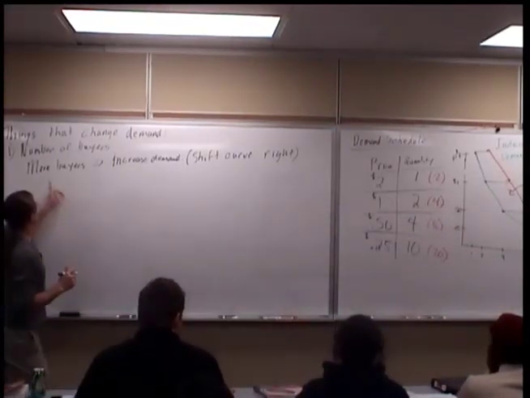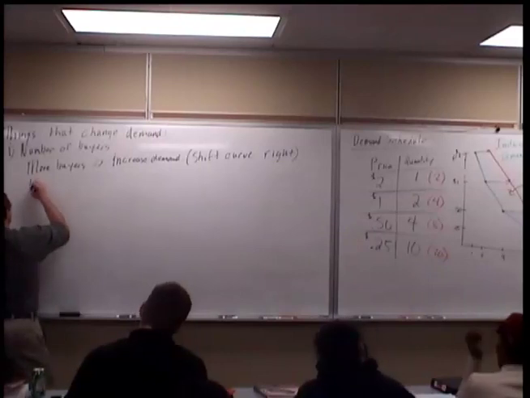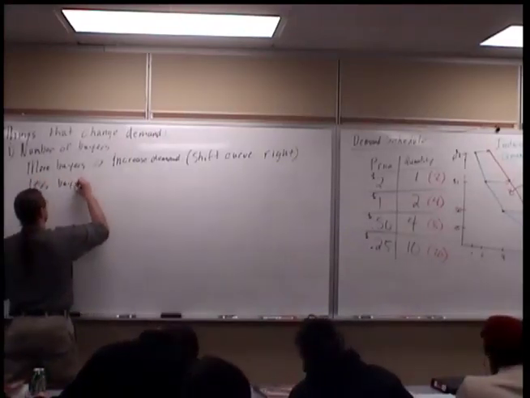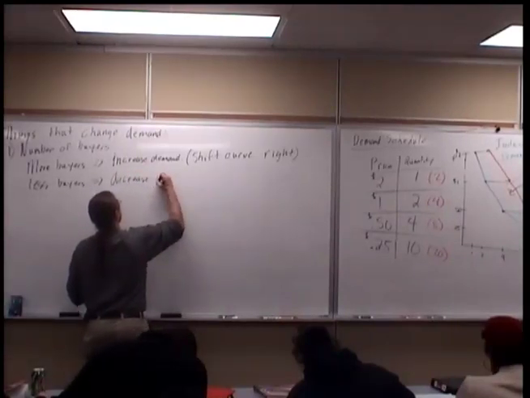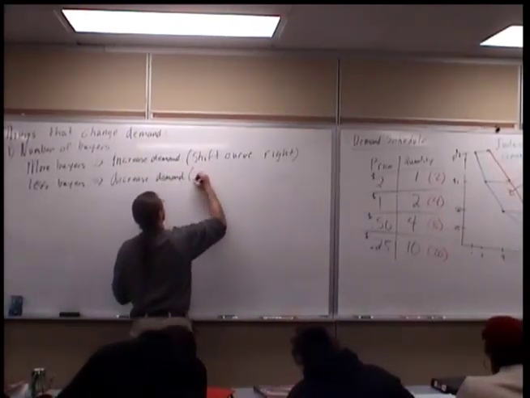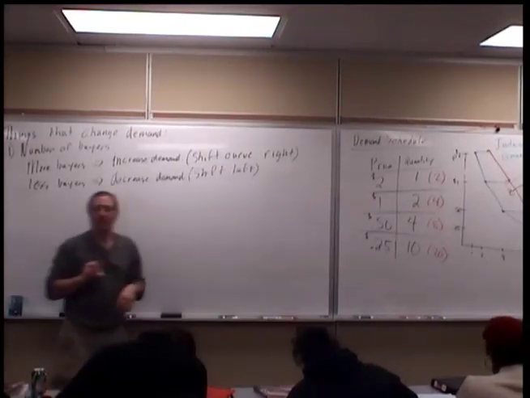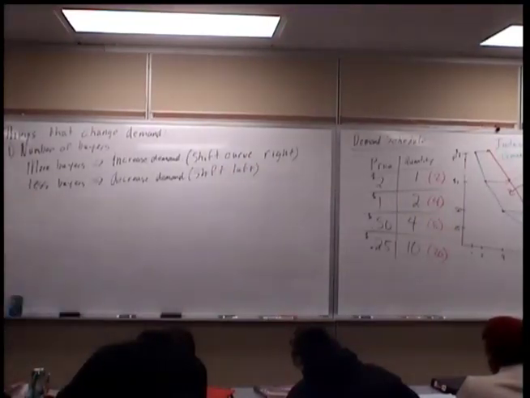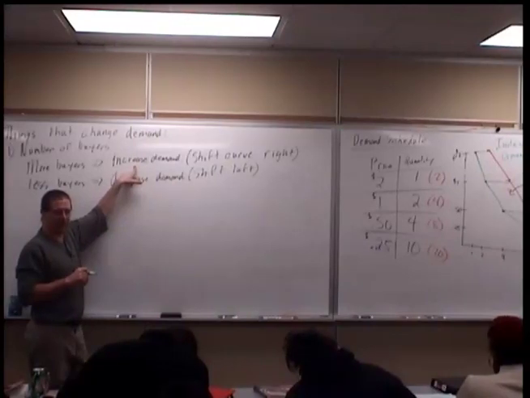So what would happen if the number of buyers went down? It would shift to the left, exactly. So fewer buyers would imply a decrease in demand, and it would shift left. Now, the cool thing about this is that when your buyers increased, your demand also increased. They both moved in the same direction.